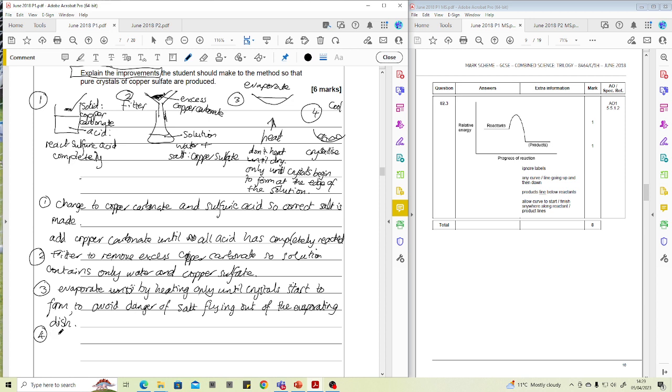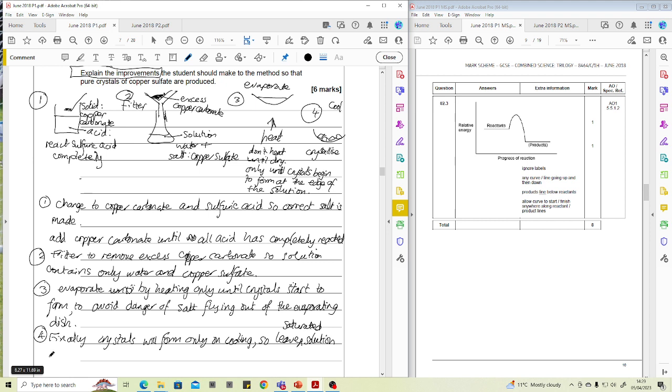I say finally, crystals will only form on cooling. So leave the solution, and you could say saturated solution, meaning no more dissolve, so it's going to start to crystallise.